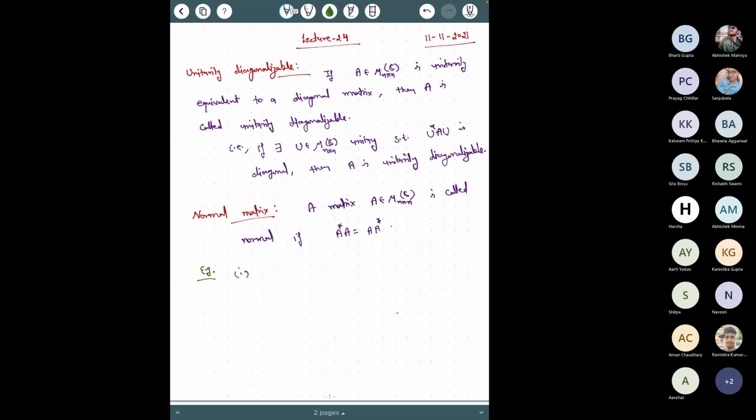So both these examples are correct: every diagonal matrix, every diagonalizable matrix with distinct eigenvalues. This is fine. In fact, every diagonalizable matrix with distinct eigenvalues is unitarily diagonalizable. That is also true.